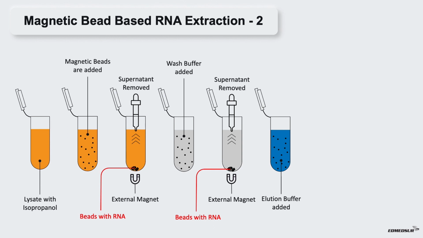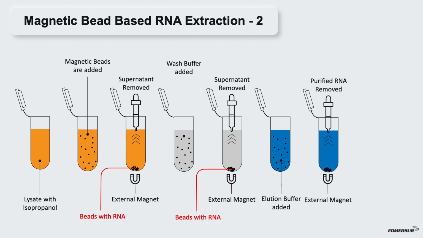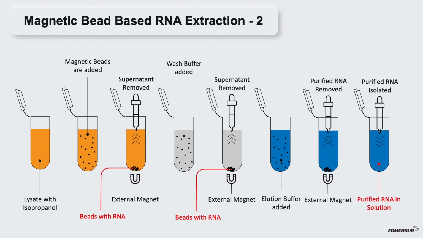This allows the RNA to leave the magnetic beads and return to solution. Next, an external magnet is used to immobilize the magnetic beads, but this time without any attached RNA. The supernatant containing purified RNA is removed and it is collected in another tube.